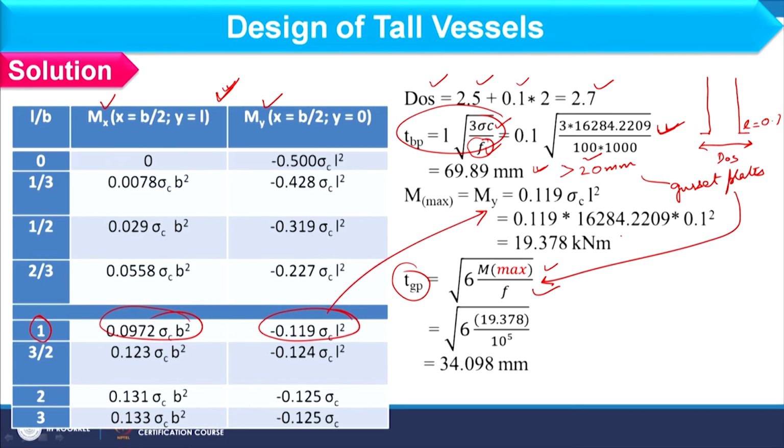So, M max value should be 19.378 kilonewton meter, okay. So, considering this you can obtain the calculation. So, considering this you can obtain the thickness of bearing plate as 34.098 mm. So, next value in standard you can consider as thickness of bearing plate, okay.